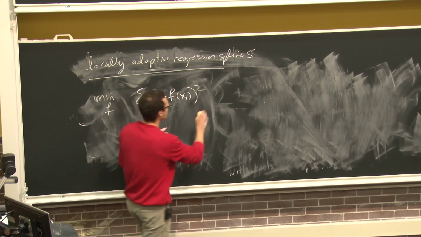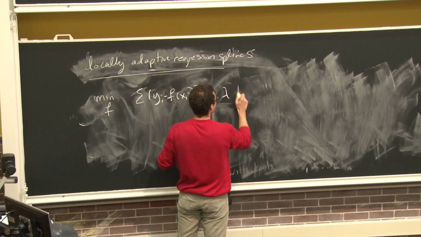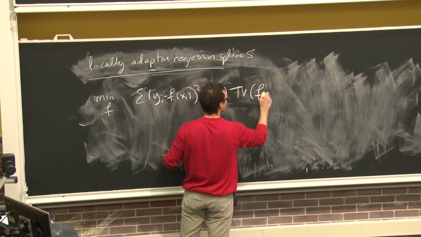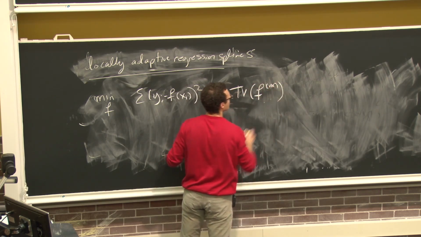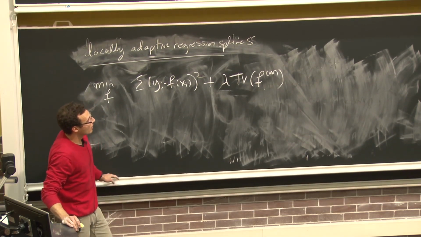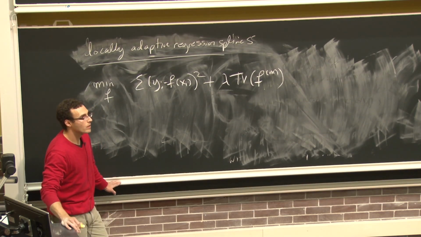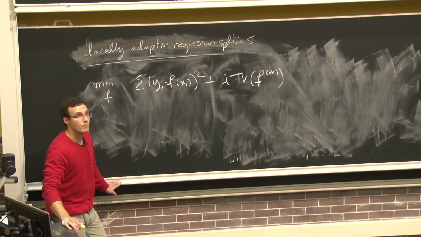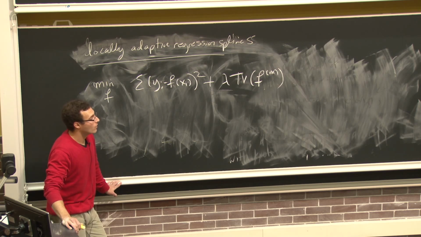But they just use a different notion of complexity. And you could probably guess what it's going to be. So I'm going to regularize, instead of according to the L2 norm of some number of derivatives squared, the total variation. Okay? So it's like the L1 analog of a smoothing spline.